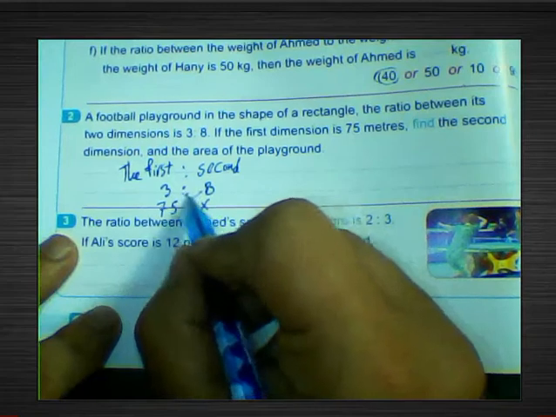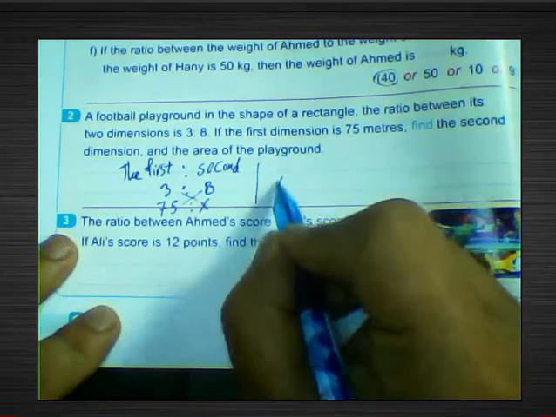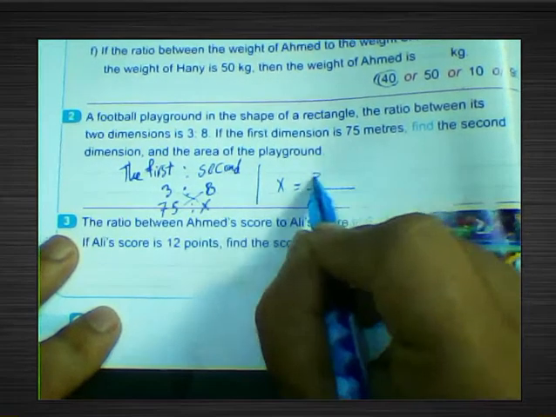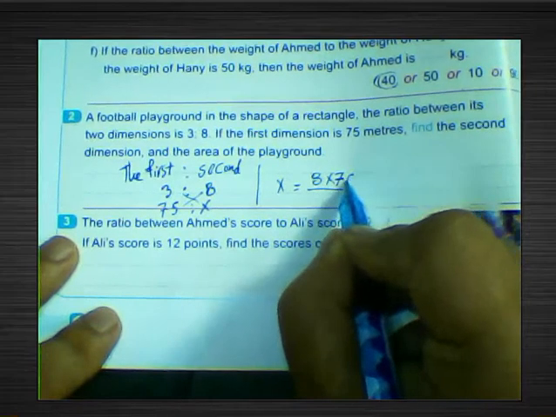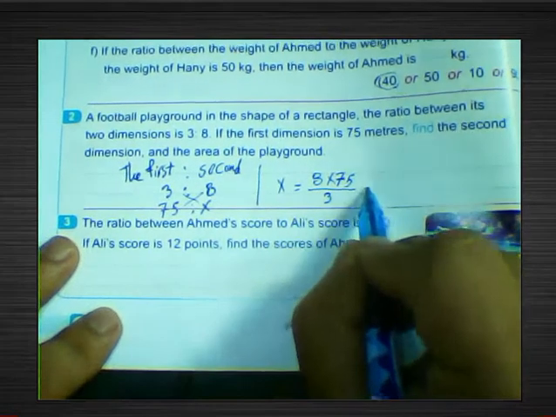We can find the result by cross multiplication: x equals 4 times 75 over 3.